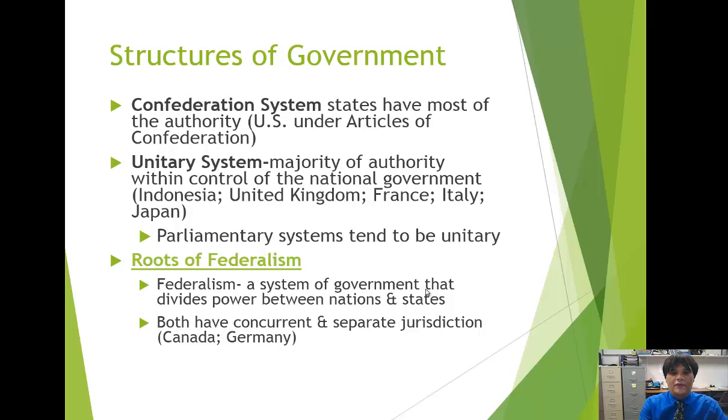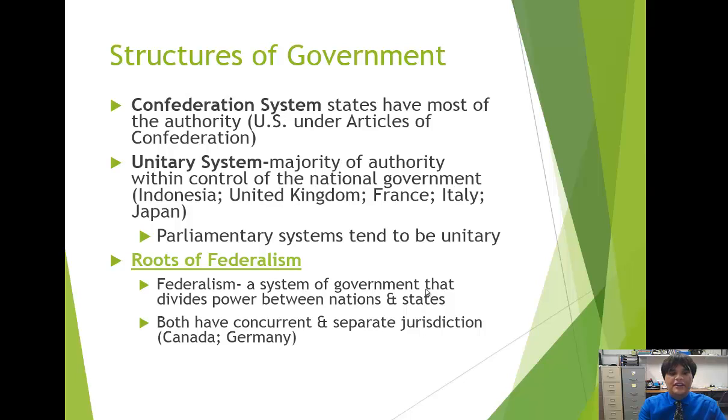Instead, you just have one national government that oversees everything that goes on. A parliamentary system tends to be unitary. So if you see a country that has a unitary system or a parliamentary system, they tend to have only one national government that oversees everything that goes on. You may also have a lot of local governments, but really the national government is the one that oversees everything.